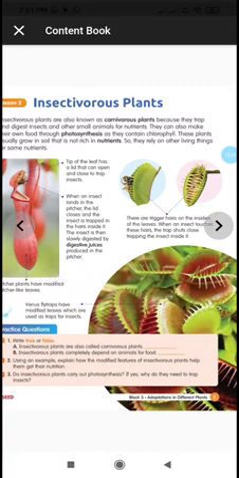The only reason they trap insects is because they are living in areas where the soil is less rich in nutrients. So all the nutrients are not available in that particular soil, and these plants are growing there. That's why they also obtain nutrients from animals. Even the second and third answers you can write in your notebook, children.